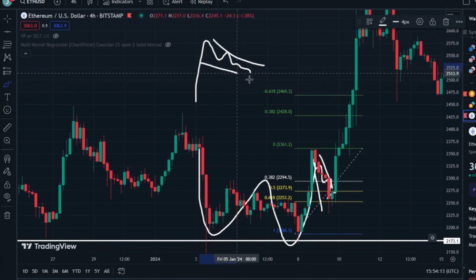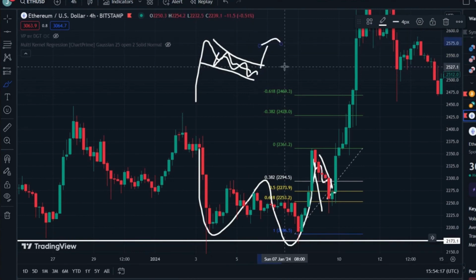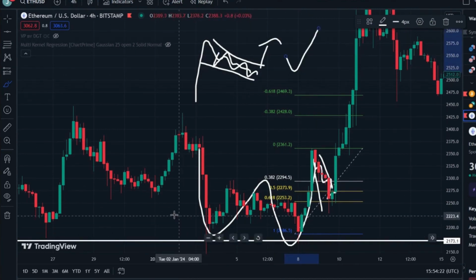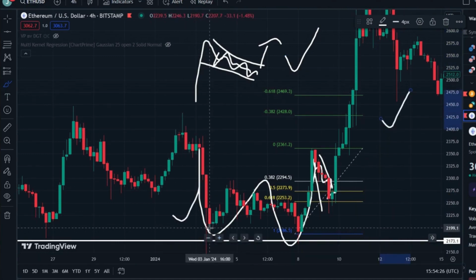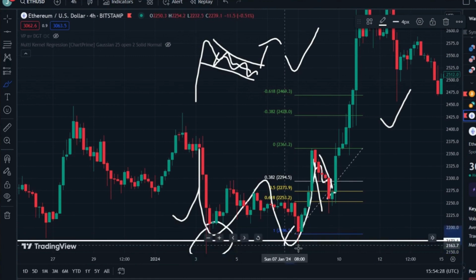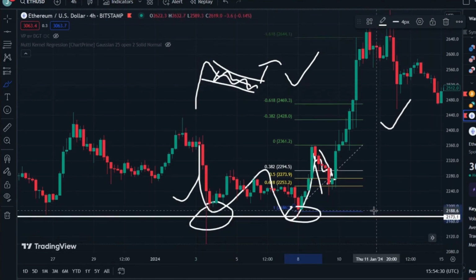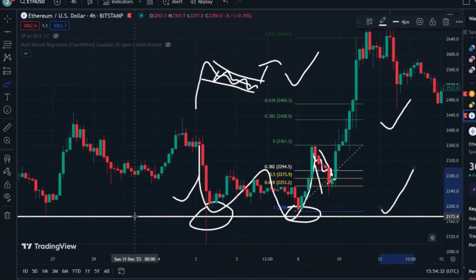It actually touches these signals and then breaks out. Perfect, and it's correct too. The W is correct too. The Fibonacci retracement is the third. We have about two bottoms here that the price touched. It's perfect too. The horizontal level is absolutely much stronger than all of them, and this is our fifth.